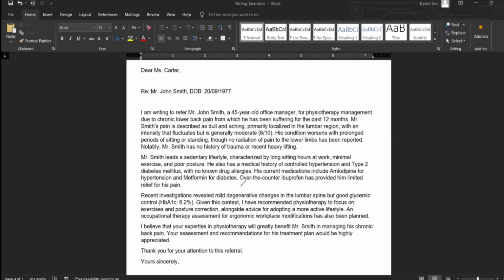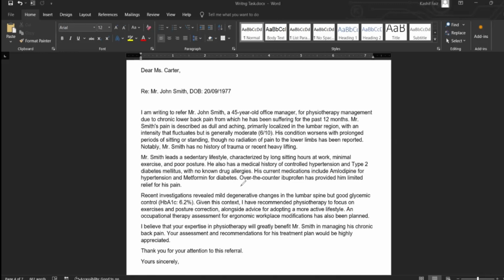If you want to write the smoking history, that the person has been a chronic smoker, again, if it's relevant, then yes. If it is not relevant, then why do you have to? For example, in this letter, it has been mentioned that he has quit smoking 3 years back and he has been a chronic smoker, but we have not mentioned it because it is not relevant.